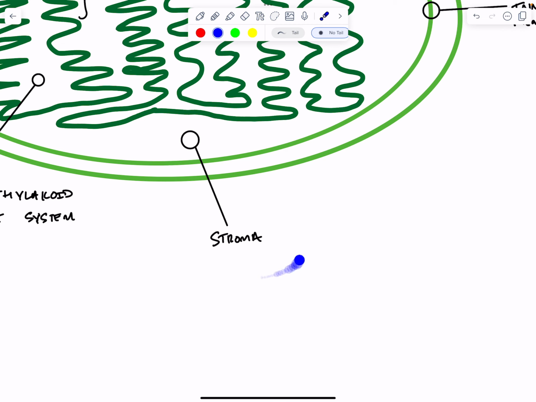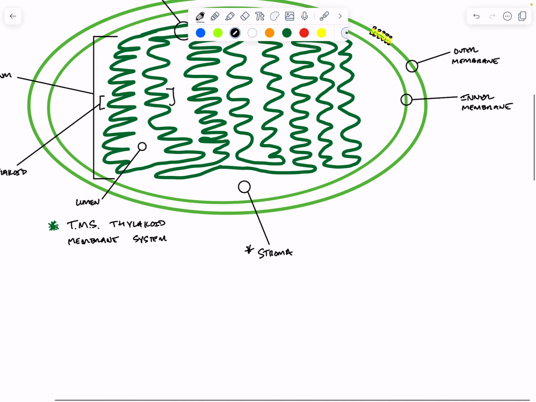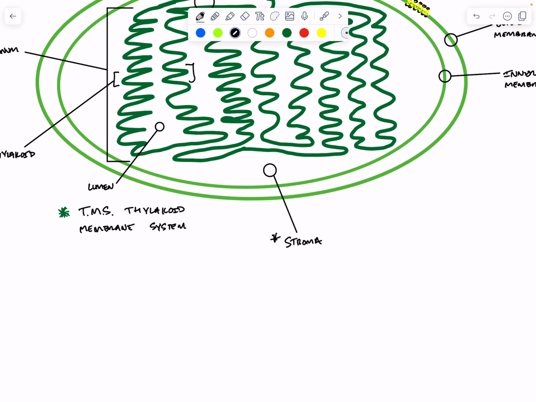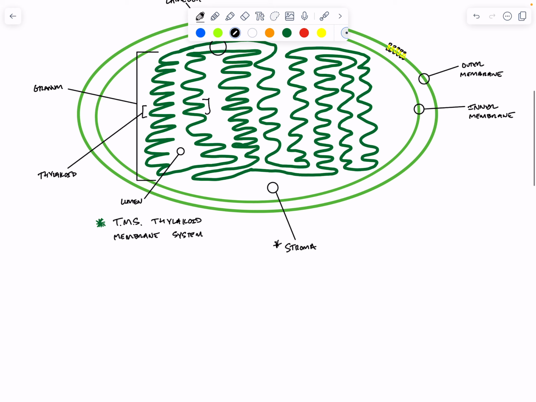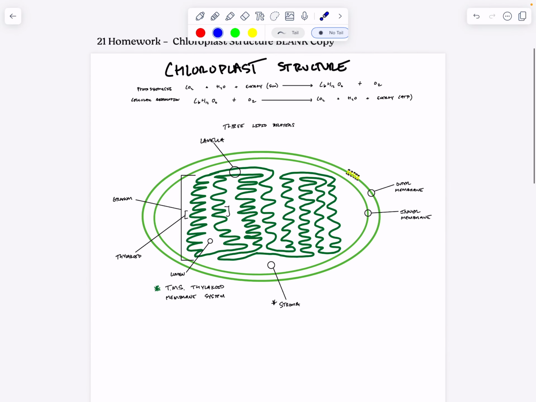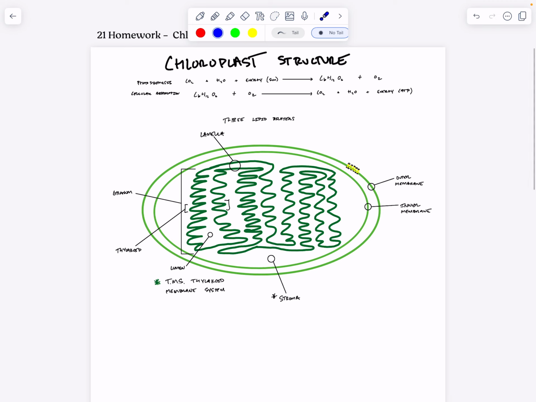There's another word you'll be introduced to later that sounds a lot like stroma, called stoma, or stomata, with no R, and they're not the same thing. The stroma is kind of like the cytoplasm of the chloroplast. It's the space between the thylakoid membrane system and the inner membrane of the chloroplast.